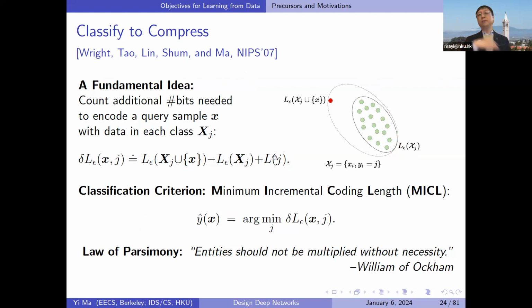So again, it turns out you can use the coding length to measure. You code the new sample together with each class. Whichever class you pay the minimum extra bits to incorporate the new sample, you classify it to that class. You have a precise measure of what you actually gain by assigning the data point to each class.